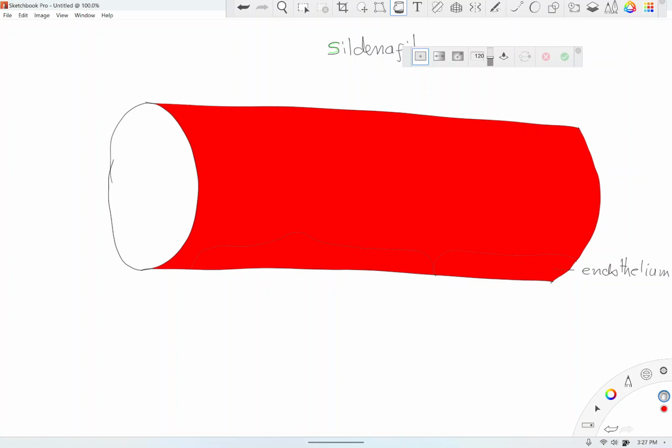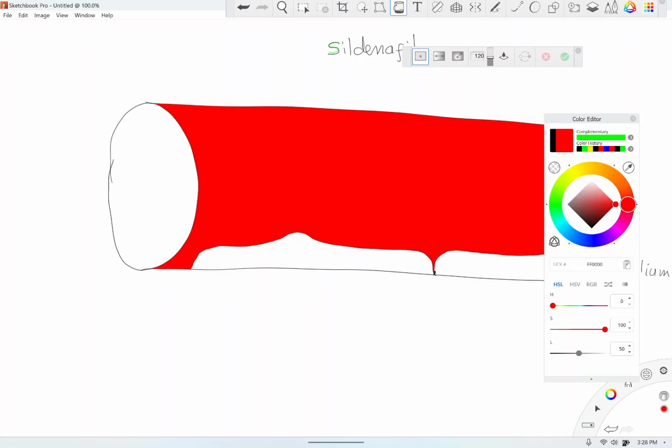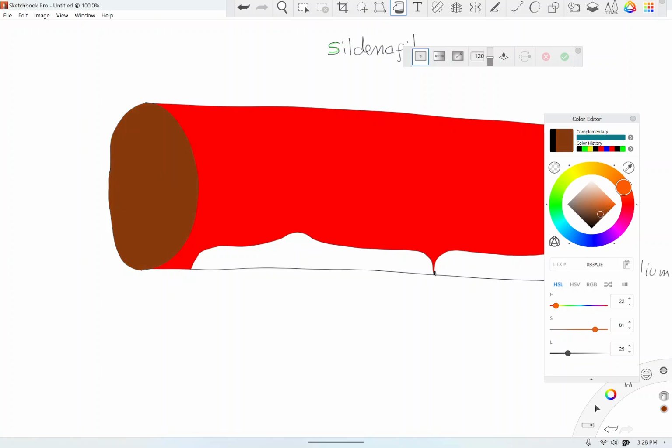In blood vessels, we have different types of cells, right? Okay, so that's blood vessels. And let's color a yellow cell, which is the endothelium. And then we will color under that a different cell.